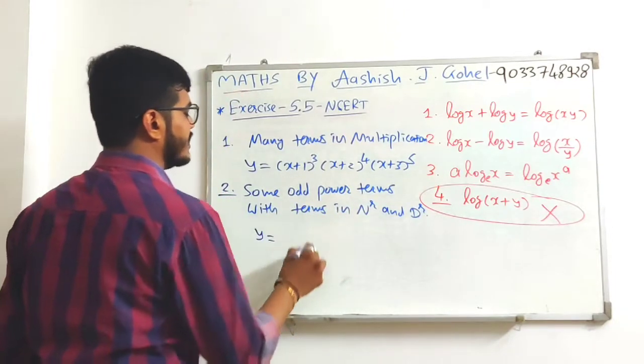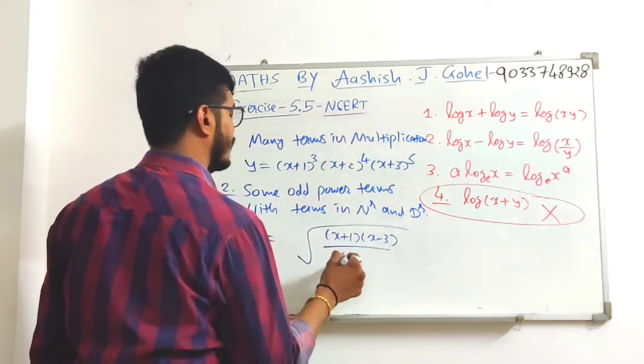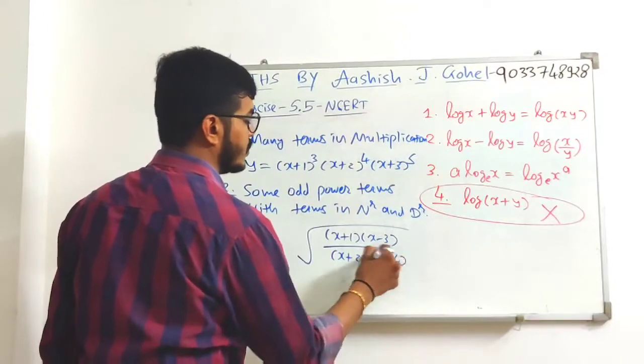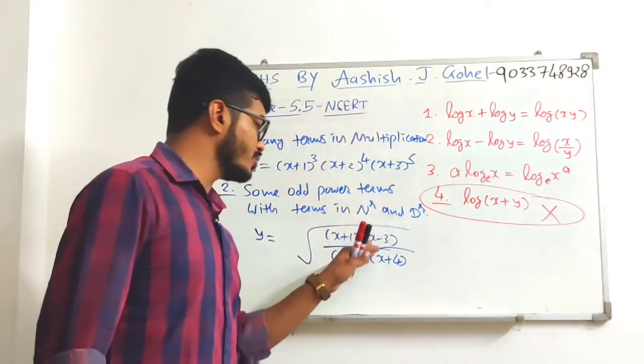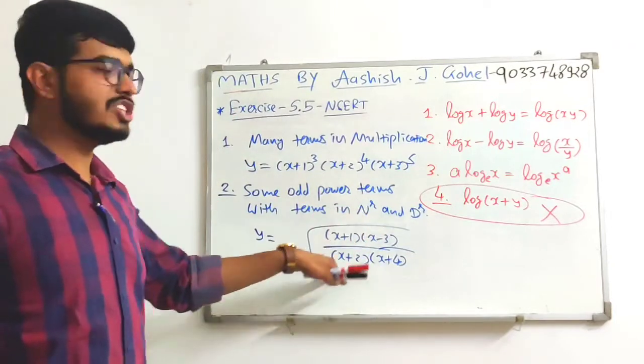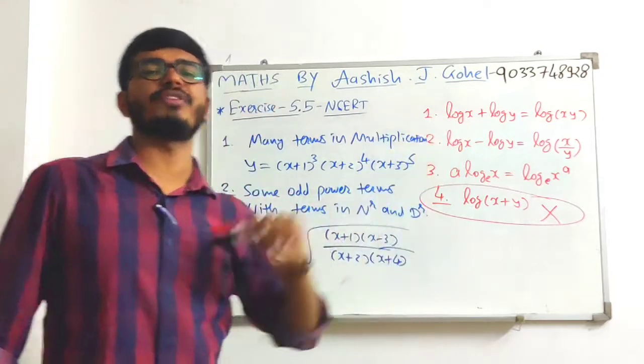Let us take an example, if I am given this. Instead of applying the chain rule, then the product rule, then the division rule, we can just apply log, use all these properties, and simplify.